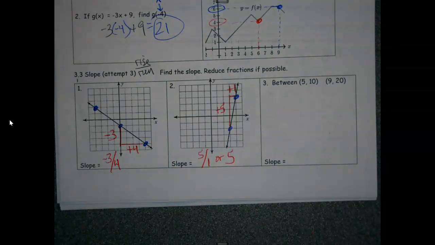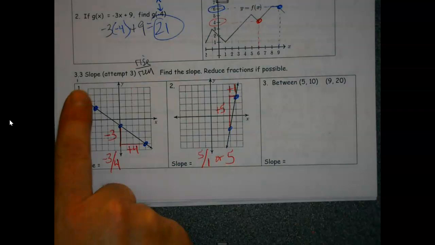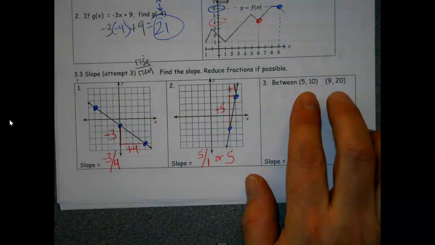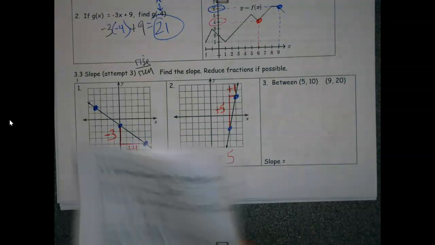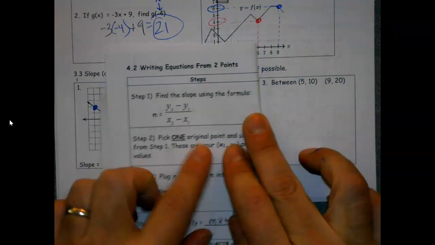Now, here's the good thing about your current notes. Even though this is from Unit 3, you're like, wait, I'm supposed to find the slope. I don't have the slope formula. Oh, but you should. If I'm remembering correctly, and I am, if I look on the second page of my current notes, I've got the slope formula right there.